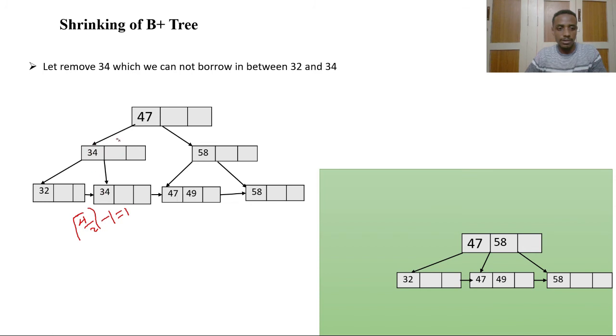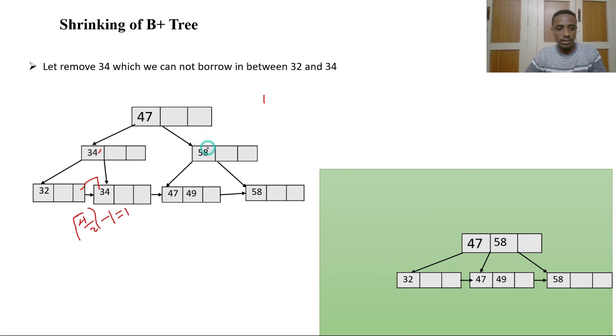Also another condition, the B+ tree has a minimum of 2 children, so it cannot have a single child, so we have to fulfill that condition also. So if we want to delete 34, we need to merge these two blocks. So this block will be removed, and because 34 will be deleted and the 32 block will be left, and this block will also be removed.